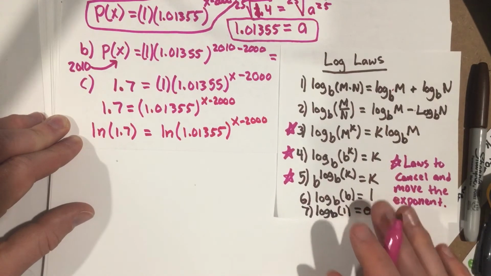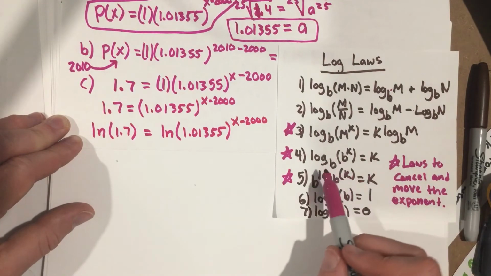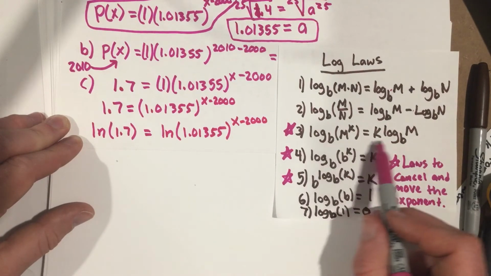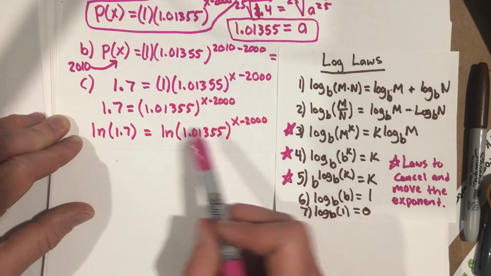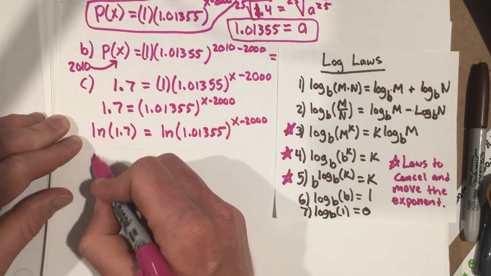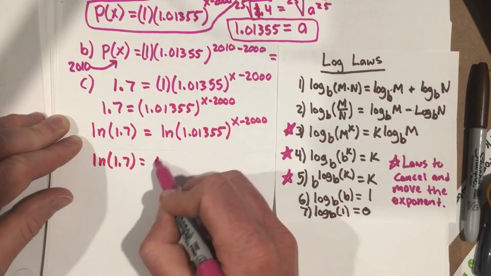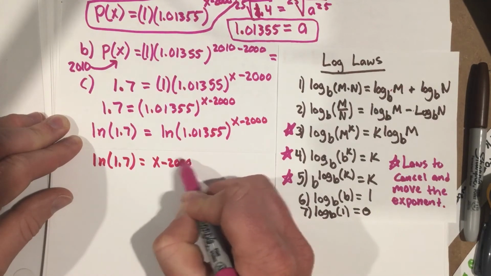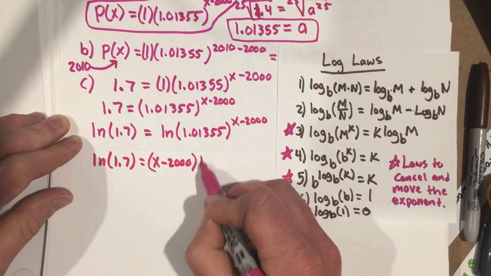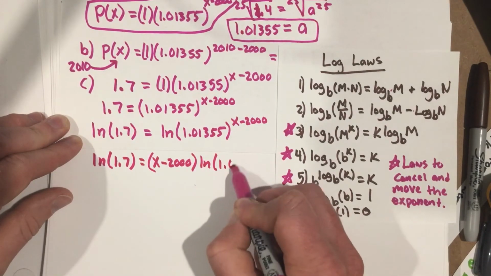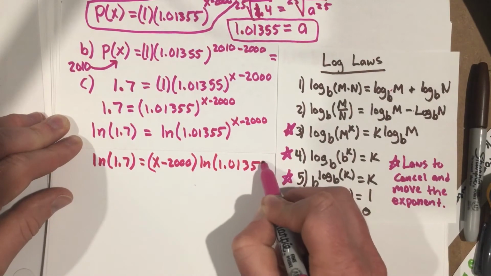Now the log law I'm about to use here is log law 3, where I take the exponent and bring it to the front. So that's natural log 1.7 equals x minus 2000 times natural log 1.01355.